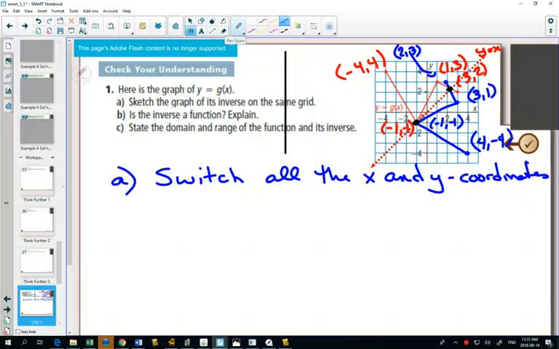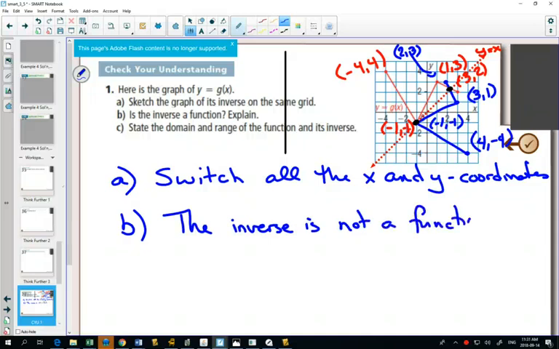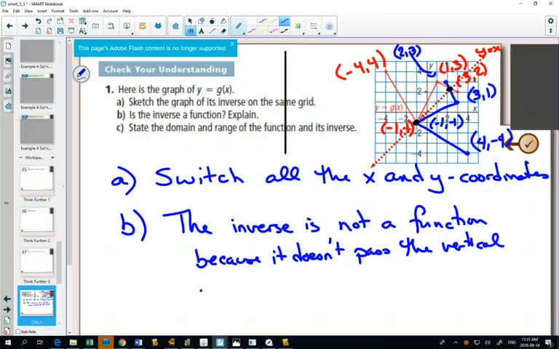For B, because it says explain, I'm going to write: the inverse is not a function because it doesn't pass the vertical line test.